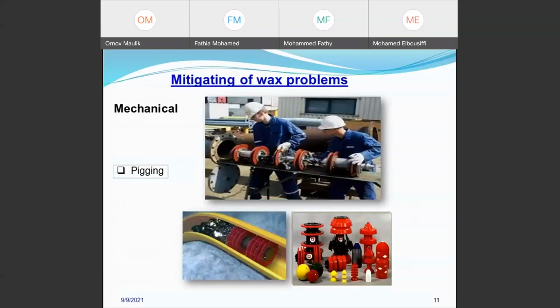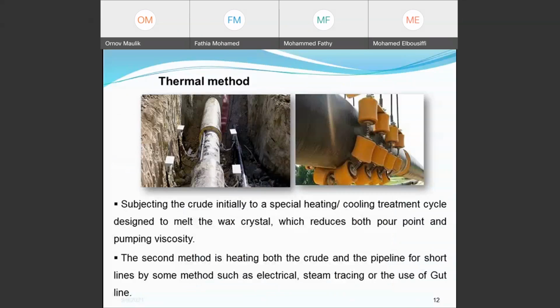Here are some examples of mitigation of waxy problems. Mechanical: here we use pigging, inserting a device inside the pipeline to clean it, and this method is a bit expensive. Thermal methods have two ways.